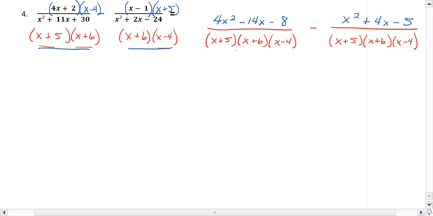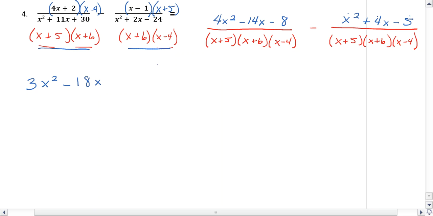So now the thing to watch for when we're subtracting these, now that we have common denominators, is that this subtract sign has to be distributed to each piece of this trinomial. And we often forget that. So we have 4x squared minus x squared is 3x squared. Negative 14x minus 4x is negative 18x.